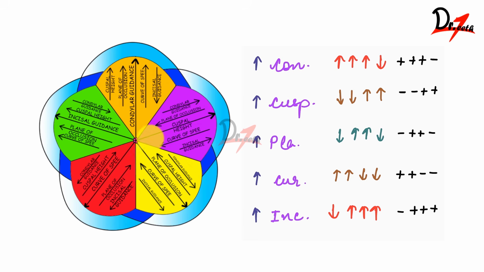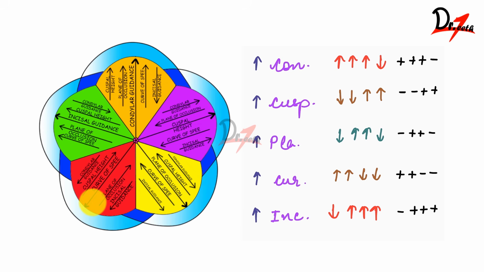Okay? Then when the cuspal height increases, what happens? The plane of occlusion decreases, curve of Spee decreases, incisal guidance increases, and the condylar guidance increases. Then when the plane of occlusion increases, the curve of Spee decreases, incisal guidance increases, condylar guidance increases, and the cuspal height decreases.